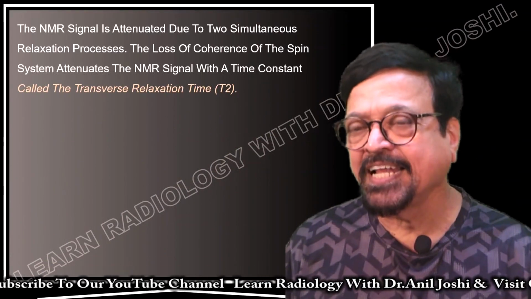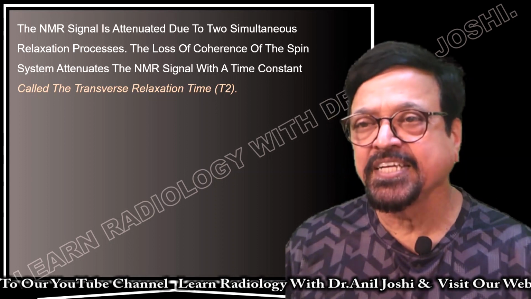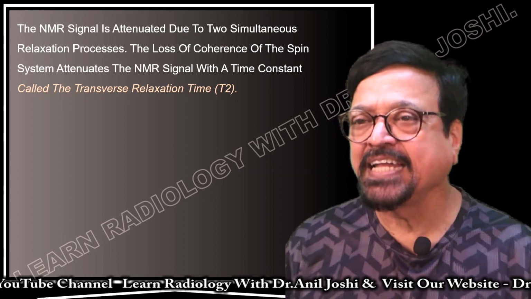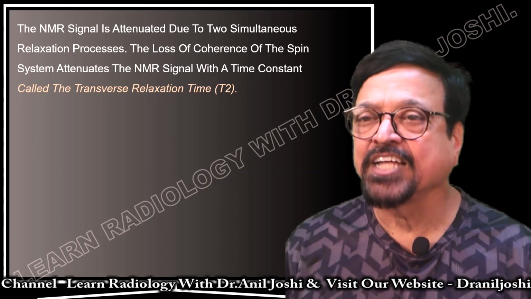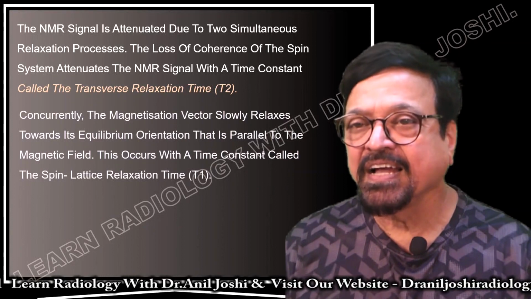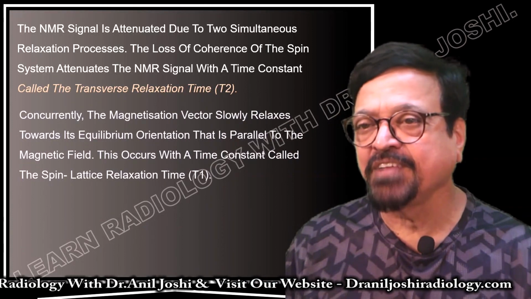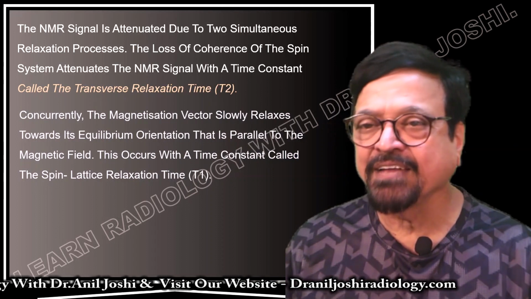The NMR signal is attenuated due to simultaneous relaxation processes. The loss of coherence of the spin system attenuates the NMR signal with a time constant called the transverse relaxation time, or T2. Concurrently, the magnetization vector slowly relaxes towards its equilibrium orientation, which is parallel to the magnetic field.